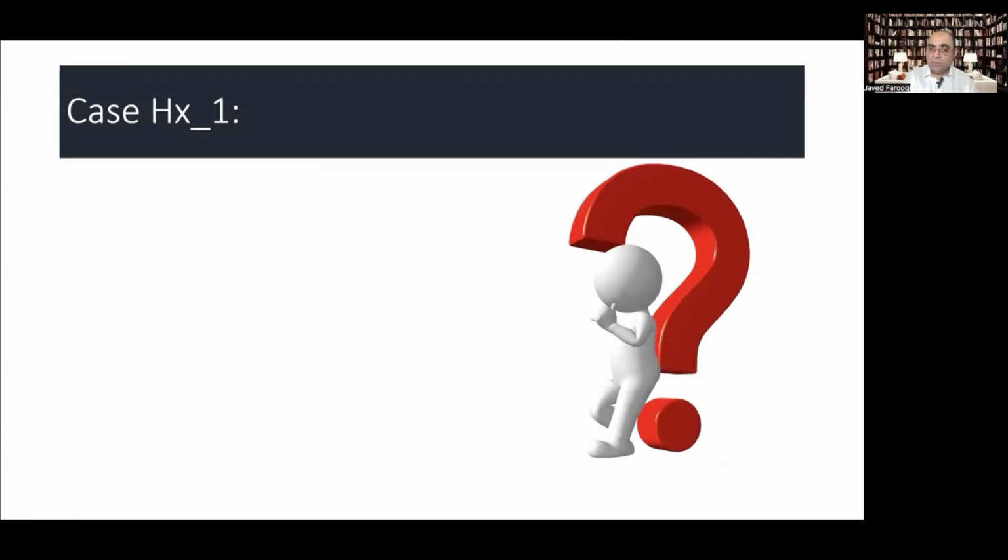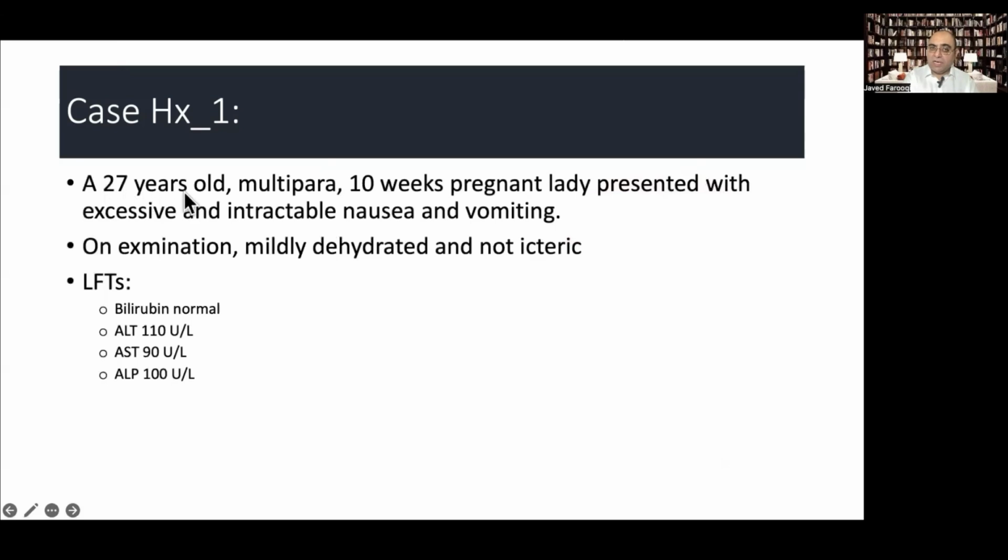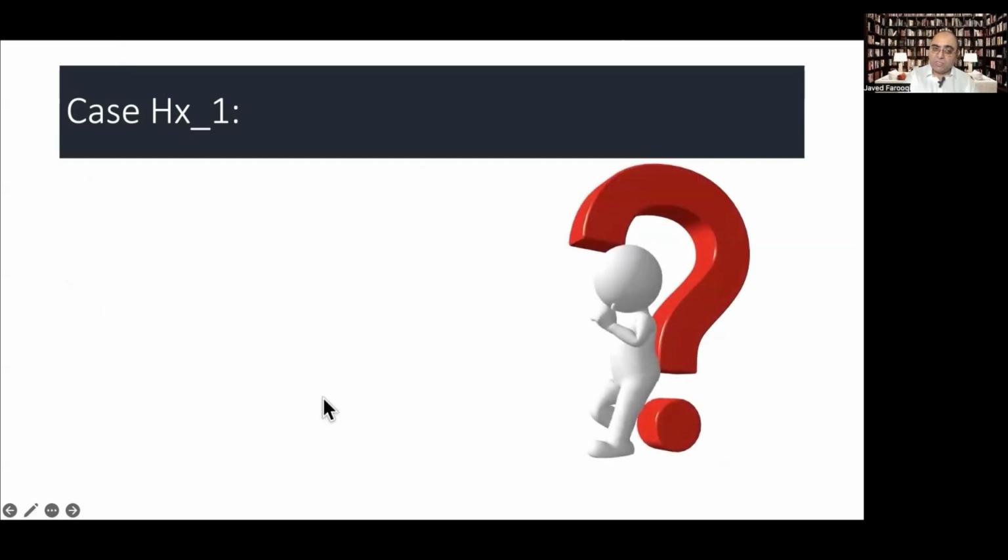So, a lady, 27 years old, multipara, 10 weeks pregnant, excessive and intractable nausea and vomiting, and these are the liver functions. Bilirubin normal, ALT raised, AST raised, and these are the 2 questions.